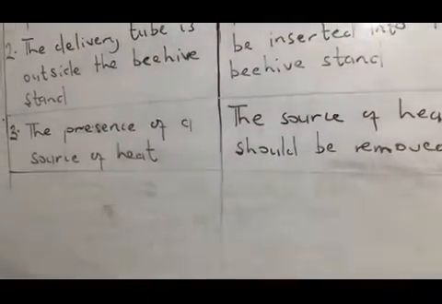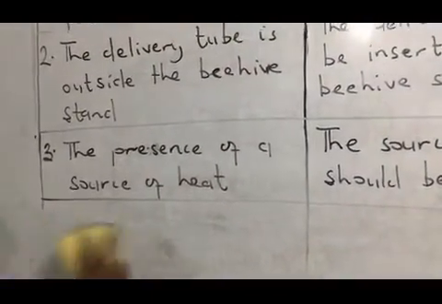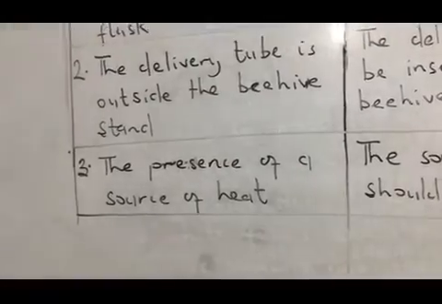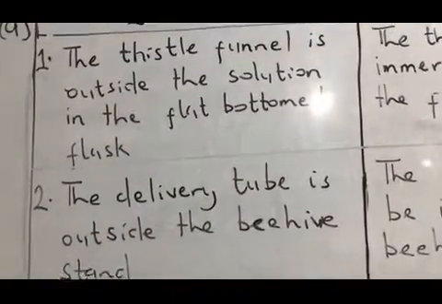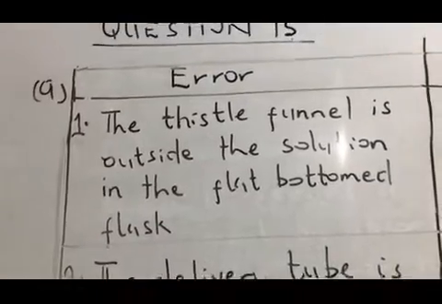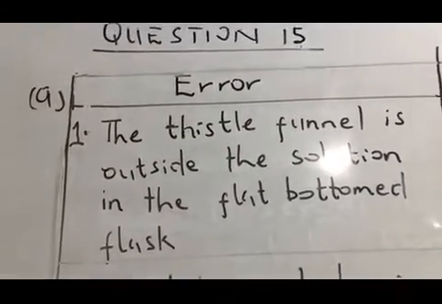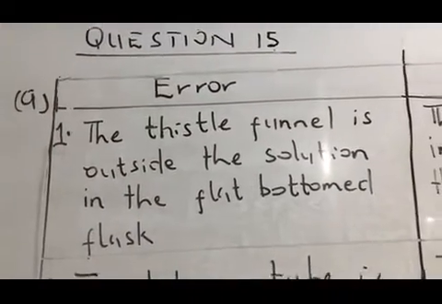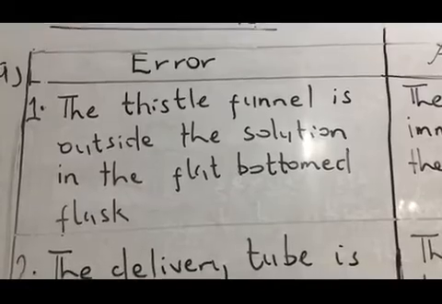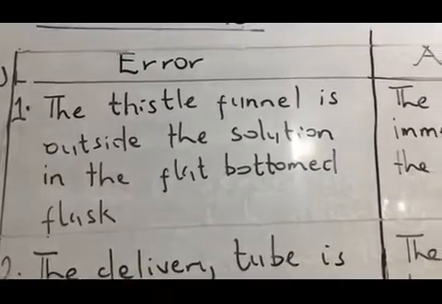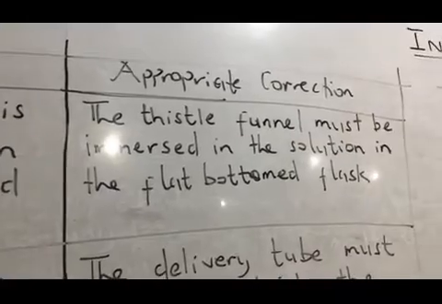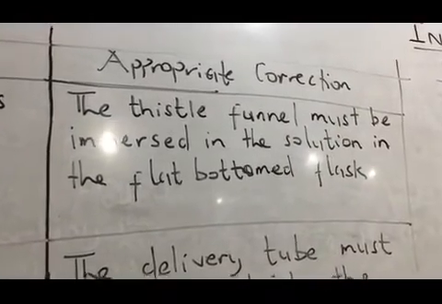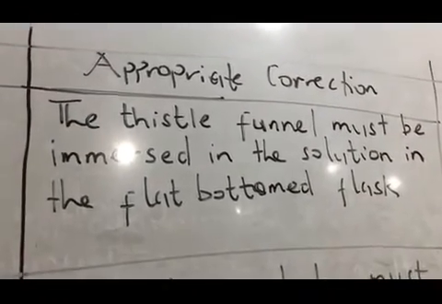Okay, so those are the errors associated with the diagram and the precautions or the corrections that you need to take. So the first one, the tester funnel is outside the solution in the flat bottom flask. To correct that, the tester funnel must be immersed or inserted into the solution in the flask.